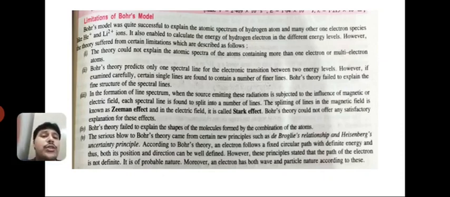According to Bohr's theory, an electron follows a fixed circular path with definite energy, and thus both its position and direction can be well defined. However, this principle stated that the path of the electron is not definite. It is of probable nature. Moreover, an electron has both wave and particle nature.